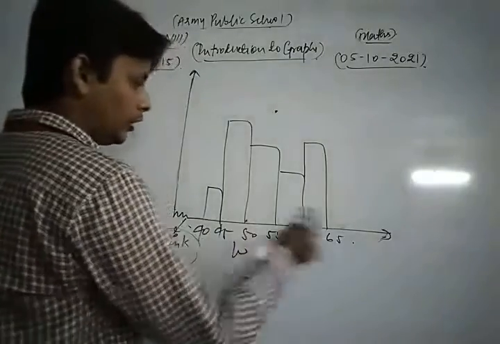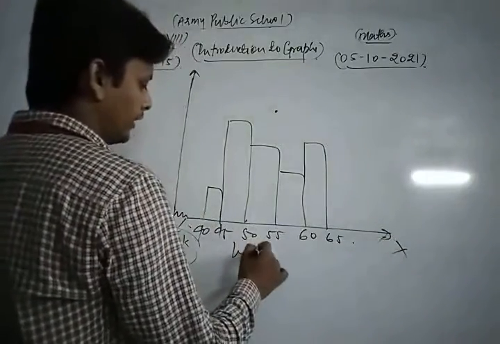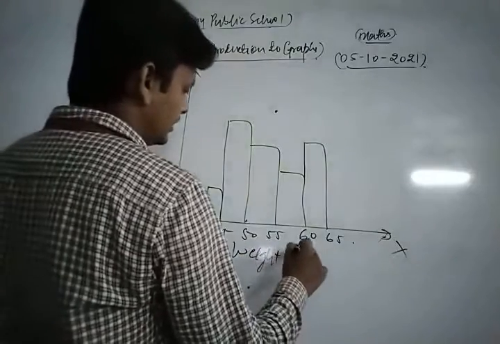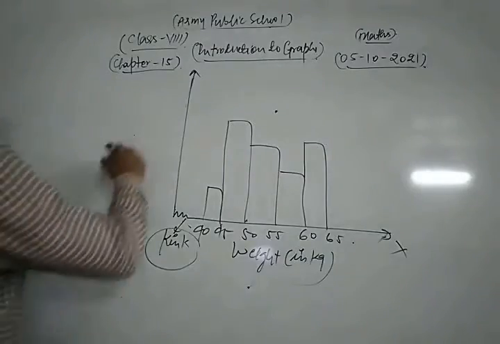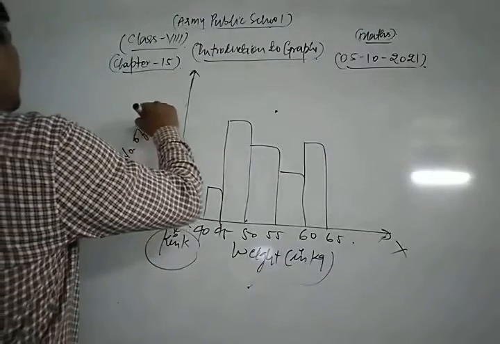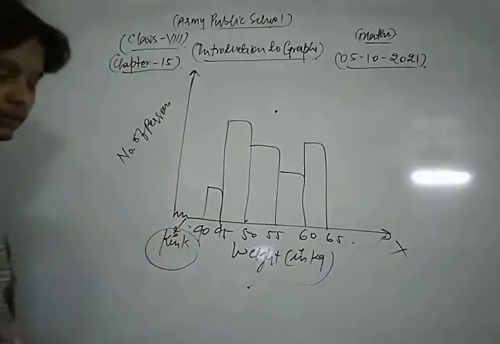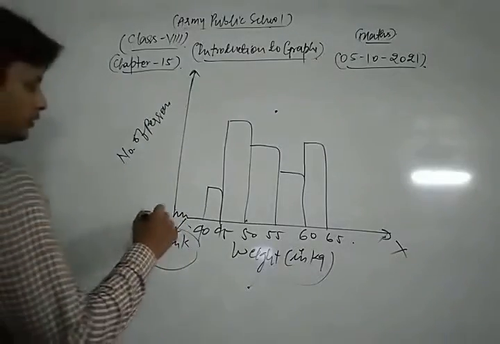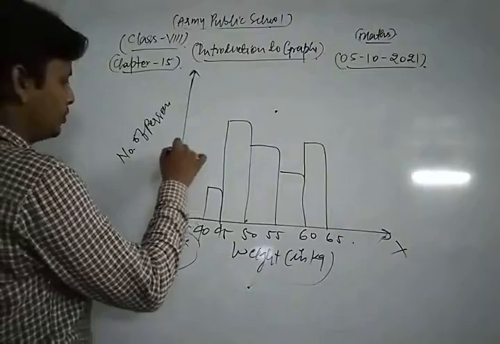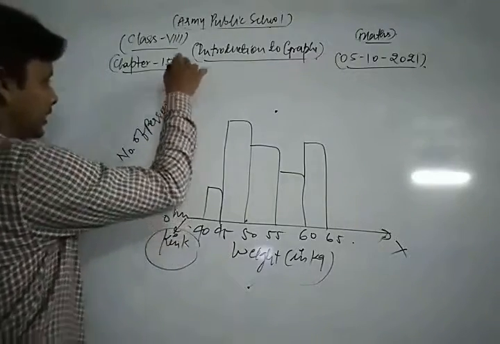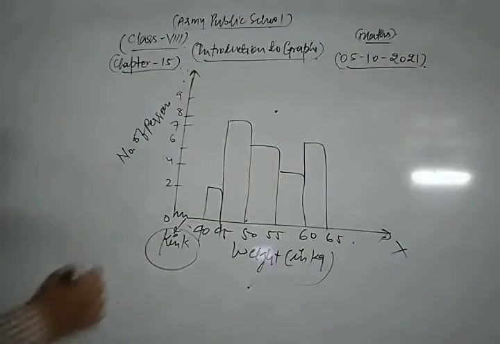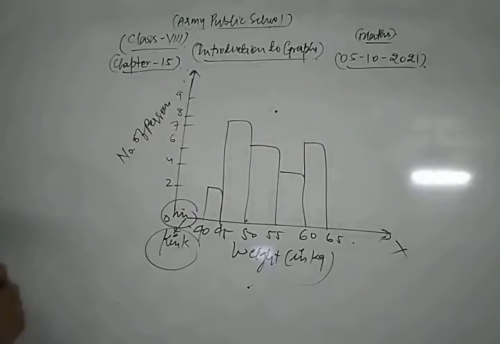Along the x-axis we represent the weight in kg, and on the vertical axis the number of persons, like 2, 4, 6, 7, 8, 9 and so on. This symbol shows that it has been used along the horizontal line to indicate that we are not showing numbers between.